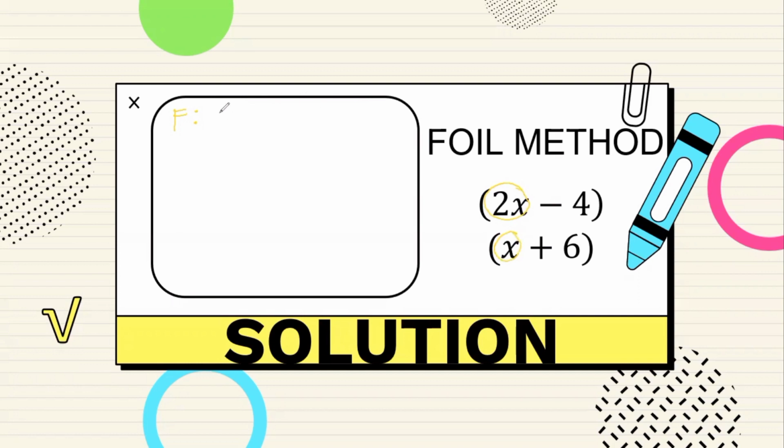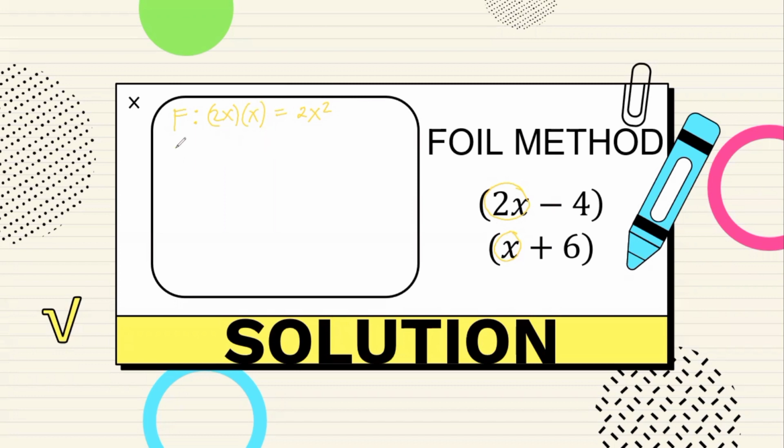So kunin natin yung product niya. 2x times x, we have 2x squared. Oh, dapat marunong din kayo sa laws of exponents. Product rule tayo dyan. X times x. Same base, copy the common base, and then you have to add the exponents.